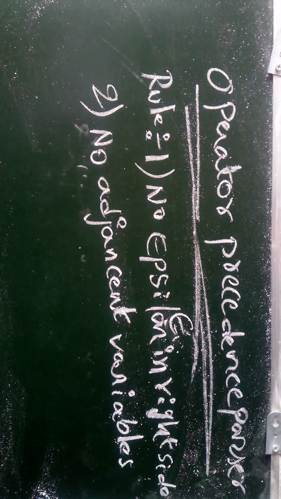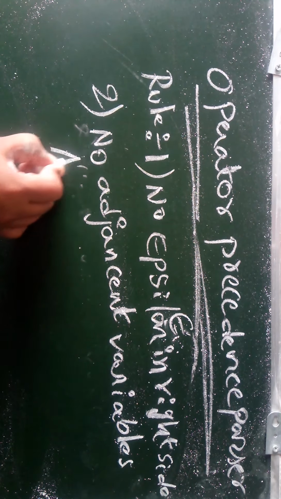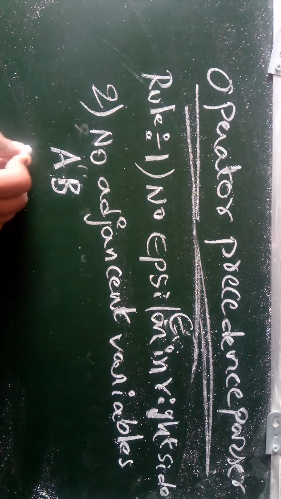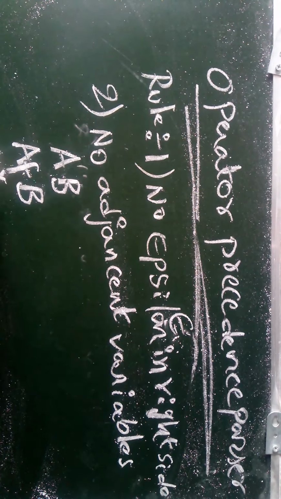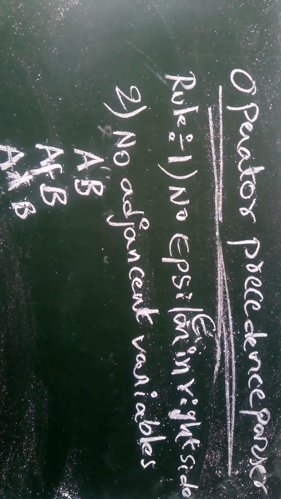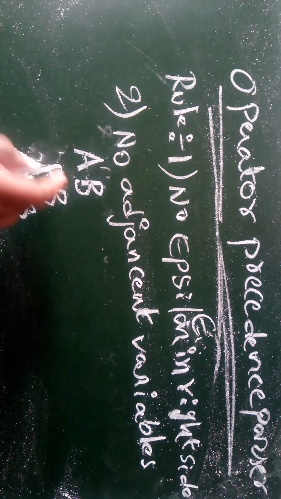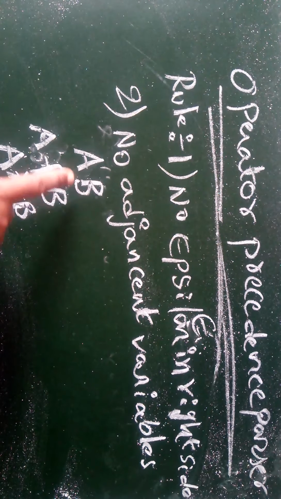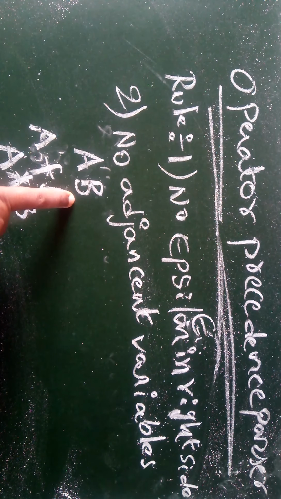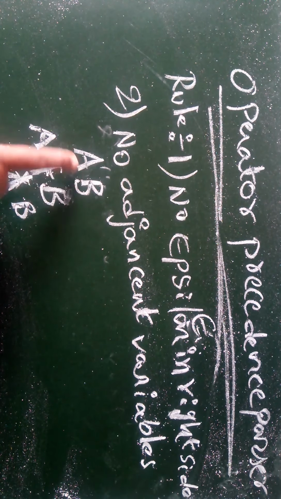AB, A plus B, A into B. Here in AB, the two variables are adjacent.